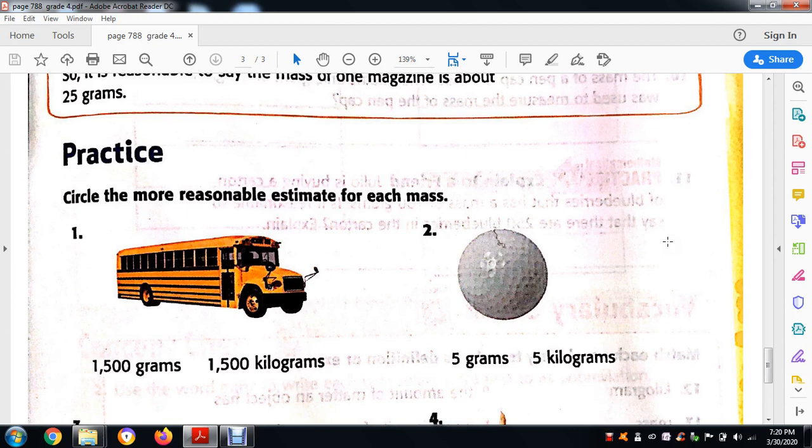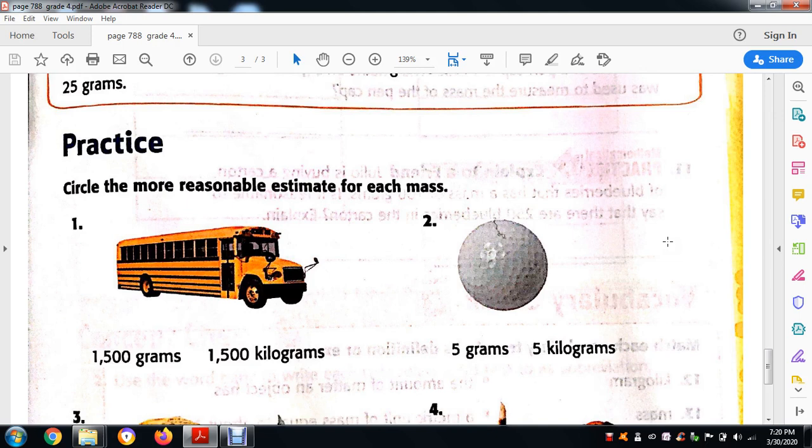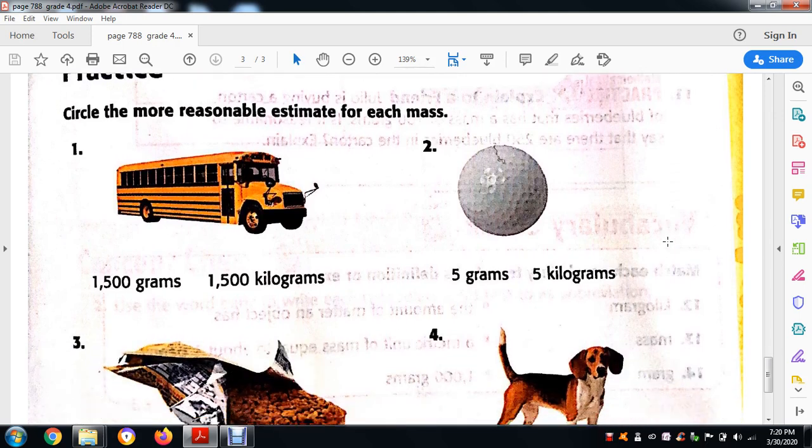Two possibilities are there: 1500 grams and 1500 kilograms. You have to select the correct one. Next is number 2. There is a ball, a small size ball, 5 grams, 5 kilograms. You have to decide which one is the correct answer for this ball.